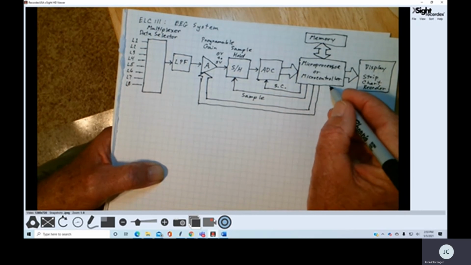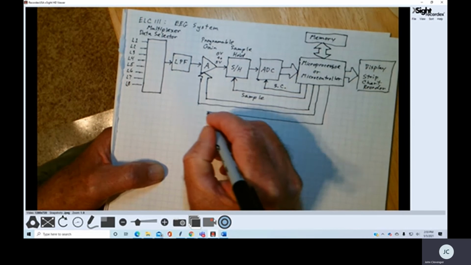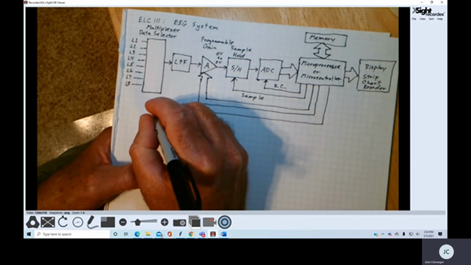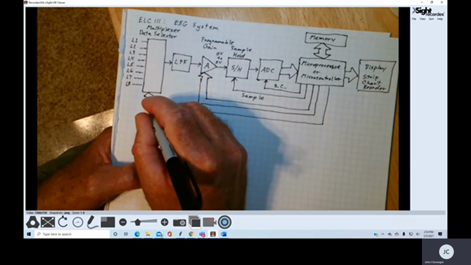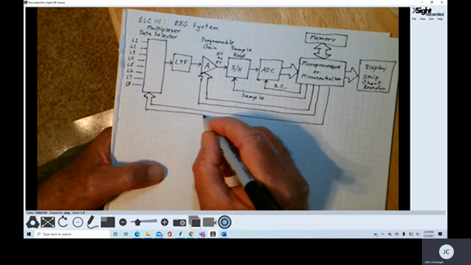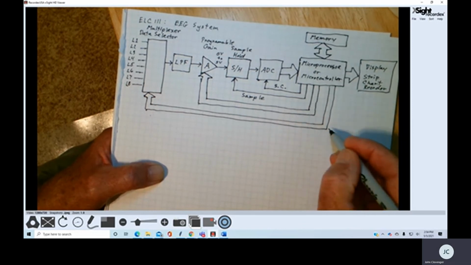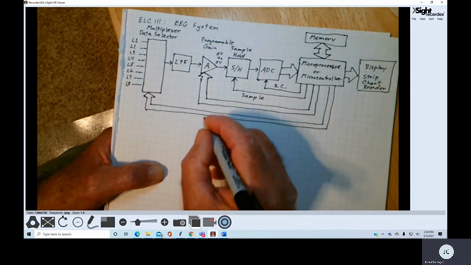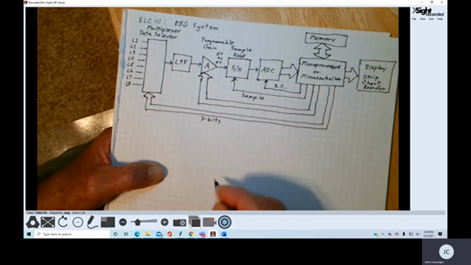And then lastly, we're going to need some information to go over here to the data selector, the multiplexer. Again, I'm going to draw this as a bus. So we know that this is only going to be 3 bits of information on this bus.